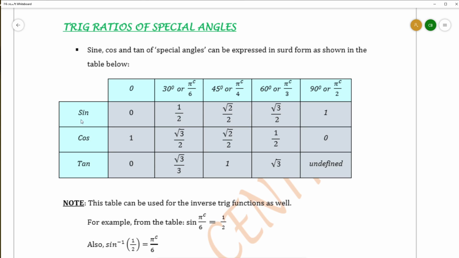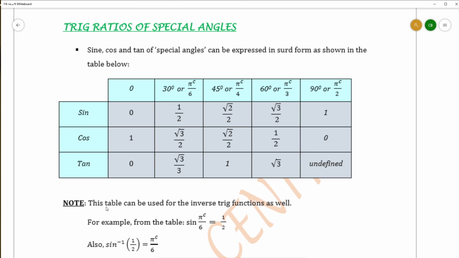Similarly, if I'm working out sine of pi over 6 radians in our calculator to get a decimal value or fraction, then we need to have it in radians mode. If we put in sine of pi over 6 in degrees mode, we are not going to get the correct answer. So pay attention to whether your angle is in degrees or radians and adjust the mode in your calculator accordingly. Similarly, for cos and tan, it is read the same way as explained for sine.